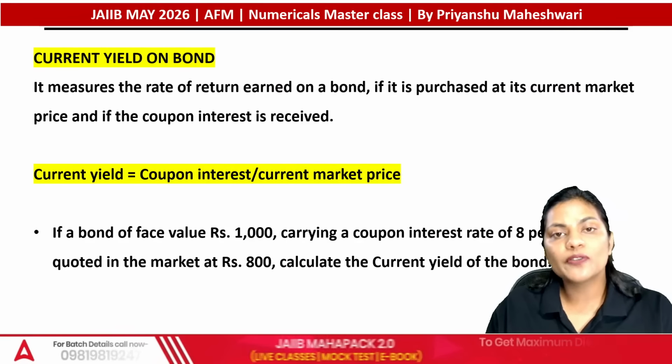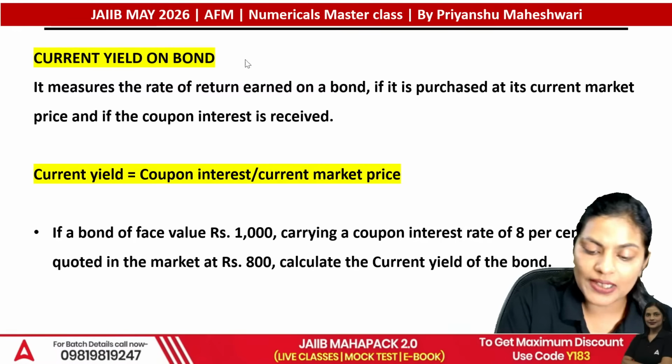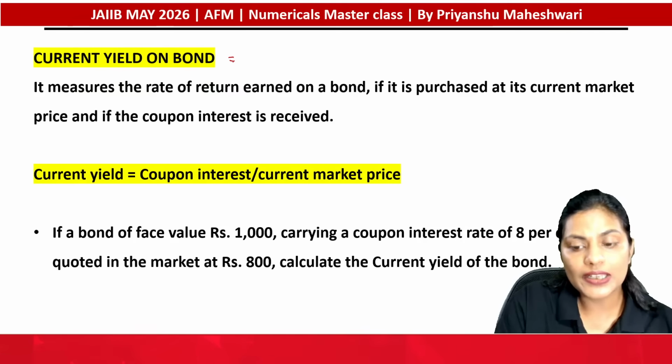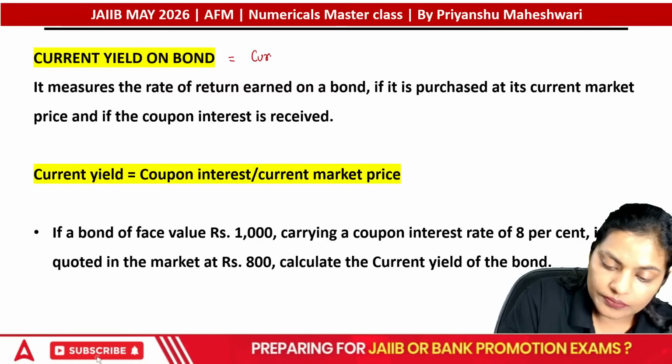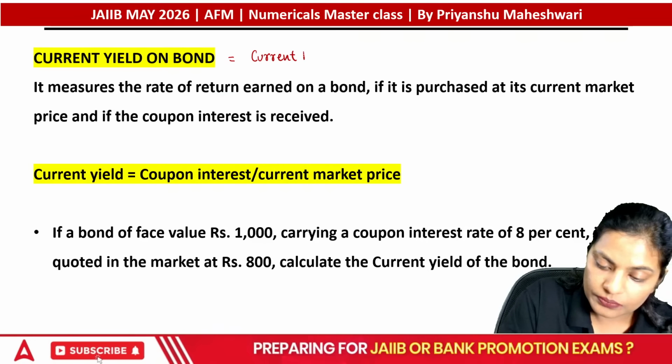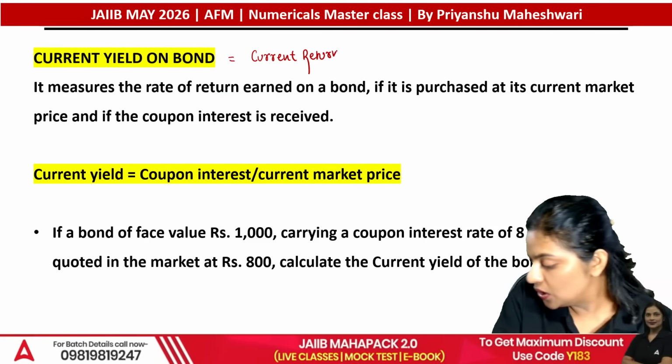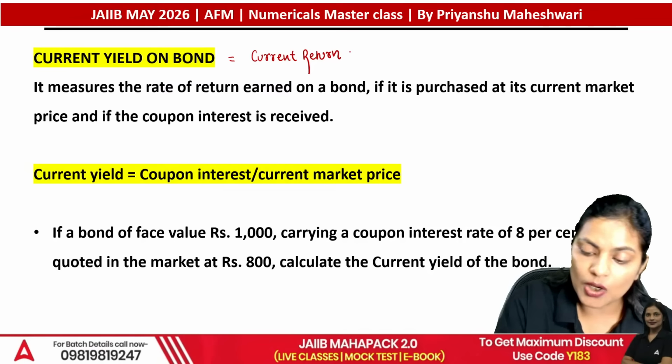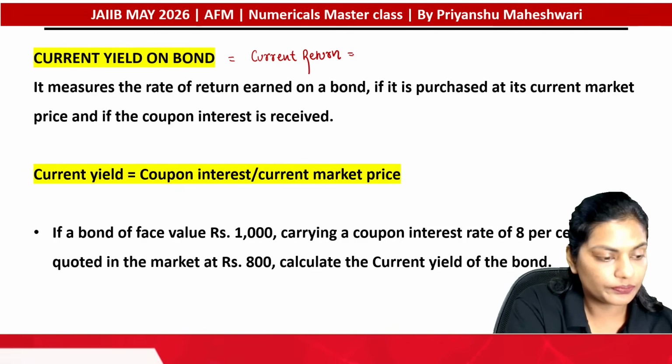The concept of current yield on bond. How do you calculate current yield? Current yield means current return. Correct? You need to calculate current return. How do we calculate current return?